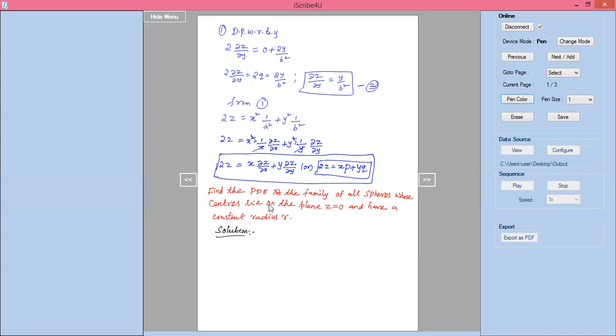The coordinates of the center of the sphere can be taken as (a, b, 0), where a, b are arbitrary, and r is a constant radius.